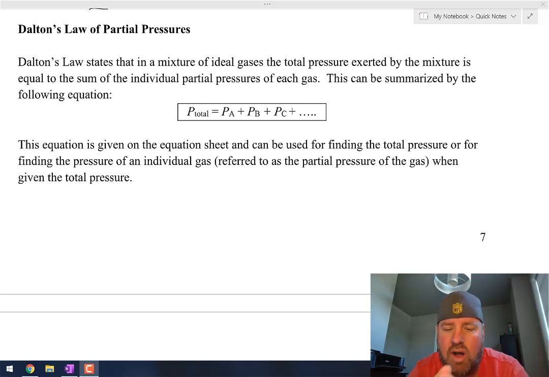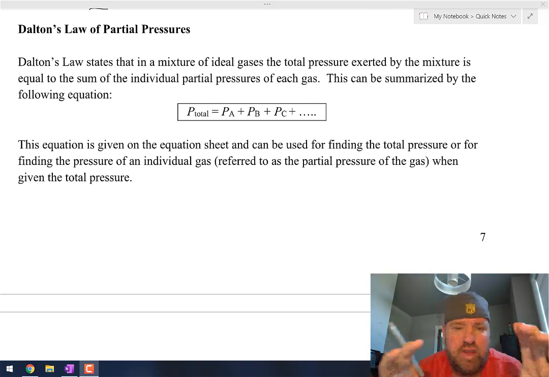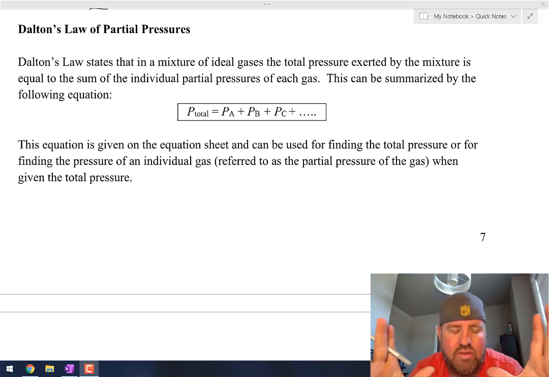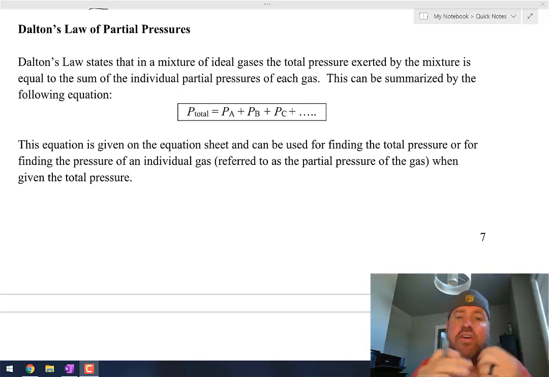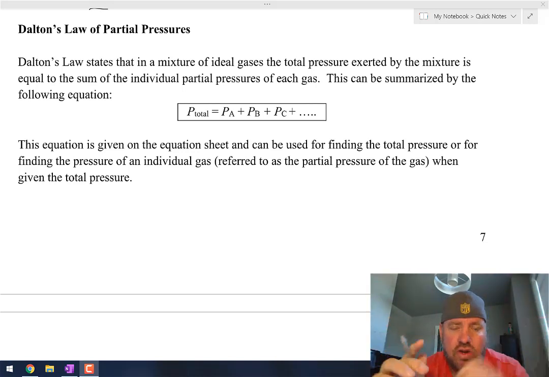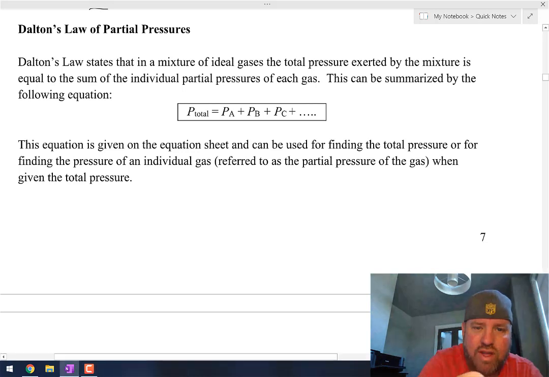for example, you've got some oxygen, some nitrogen, and some fluorine gas all in a container together, and you want just the pressure of the oxygen or the nitrogen or whatever, you can act as if the other gases aren't even there. And so when you have a mixture of multiple gases, you can find the total pressure of the gases.